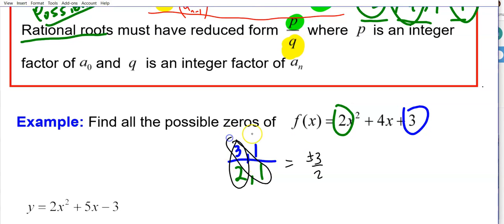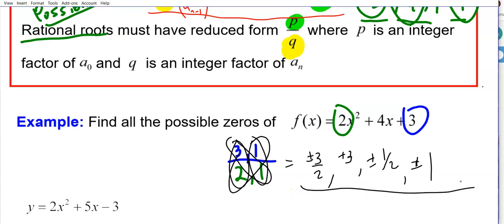Let's do other factors with 3 in the numerator, so that would be plus or minus 3. Factors with 1 in the denominator, that'd be plus or minus 1/2. And factors with 1 also would be plus or minus 1/1, which is 1. So there are actually 4 possibilities, but all of them are plus or minus. So if there's 8 possibilities, those are the possible rational zeros.